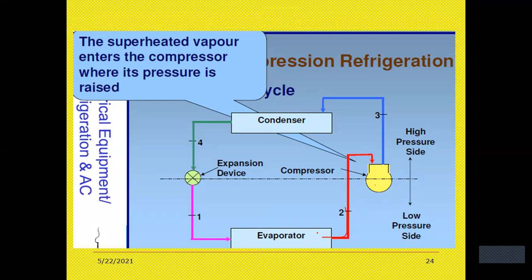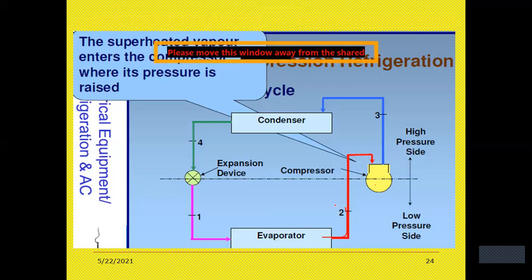Whenever the refrigerant in gaseous form goes into the compressor, the pressure gets raised and it is converted into superheated vapor. So this bottom line will be your lower temperature, and this top line will be your higher temperature, right? Next.